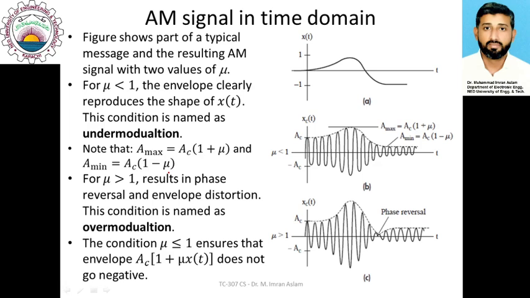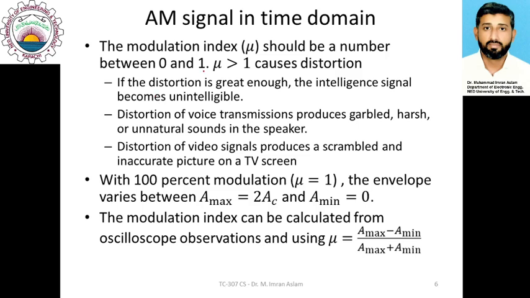However, the most optimum case would be the one when we keep mu exactly equal to 1, that means 100% modulation. With 100% modulation, you would see that the maximum value of the envelope reaches double the carrier amplitude, and the minimum value reaches zero amplitude, but there will be no phase reversal.